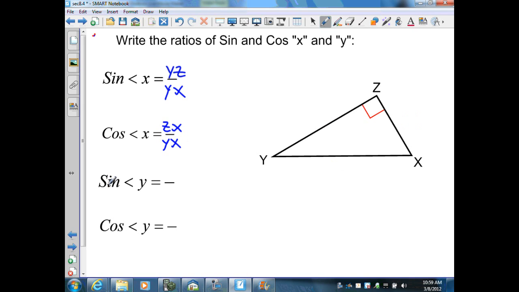Next, to complete the ratio for the sine of angle Y and the cosine of angle Y, I need to identify the parts of the triangle based on the acute angle Y. Here, I have segment YZ. That's going to be the adjacent leg to angle Y. The opposite leg is ZX.